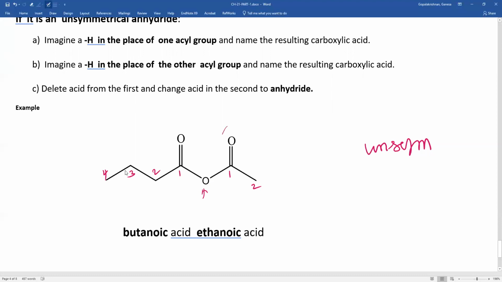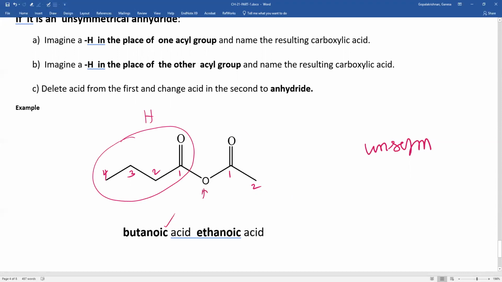So first imagine a hydrogen in the place of this. You will see a carboxylic acid. Its name is butanoic acid. And then next, you go ahead and take this off and imagine a hydrogen in the place of this acyl group. You see a carboxylic acid, that is ethanoic acid.